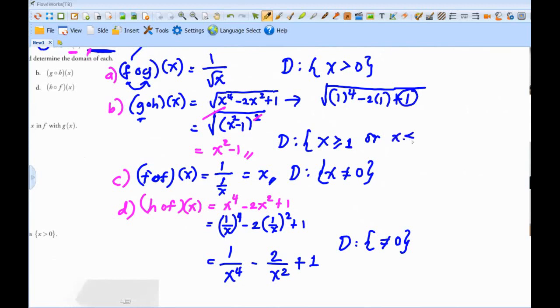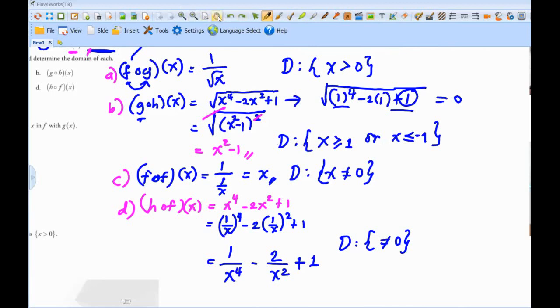So x is less than or equal to 1. Right? If I will place 1 here, 1 plus 1 is 2. 2 minus 2 is 0. So you can still get a value. If it is more than 1, it can be because of that. But it cannot be less than 1. Greater or equal. So that's negative 1. All right?